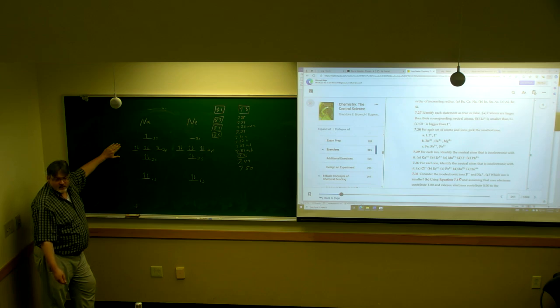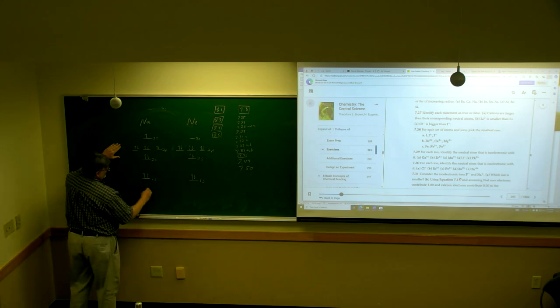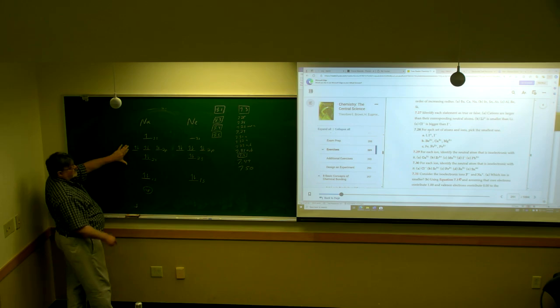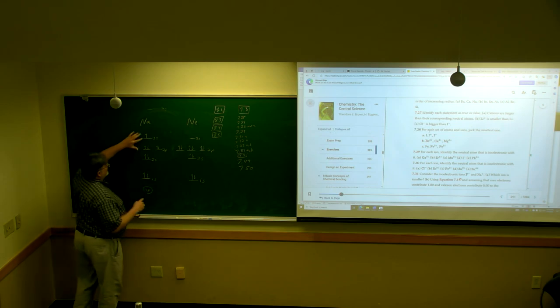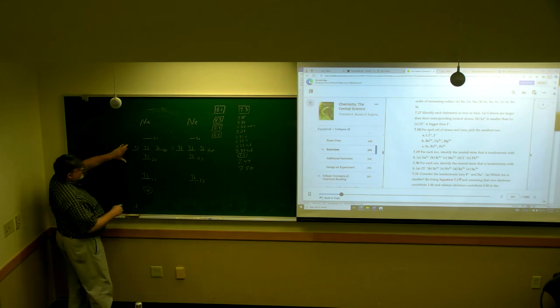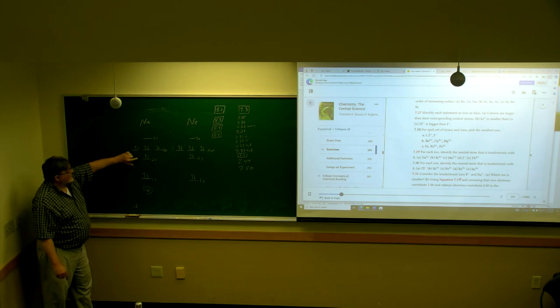What would you tell me? Plus 1. It gets to plus 1, so it has 11 protons in the nucleus. That is 11 positive charges. Here's 11 electrons. One of the reasons it likes to be plus 1 is it likes to lose this 1 electron, so that the valence is this full octet of an S and 3 P's full.